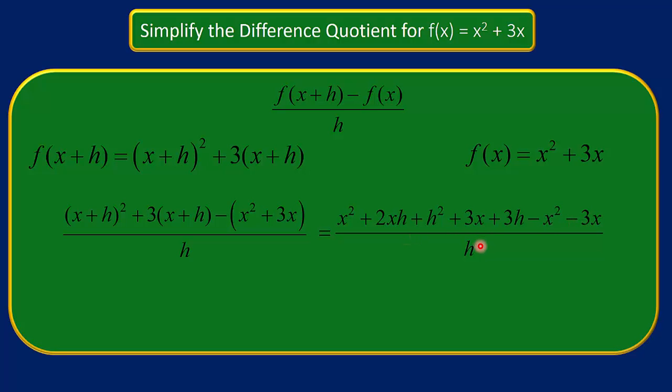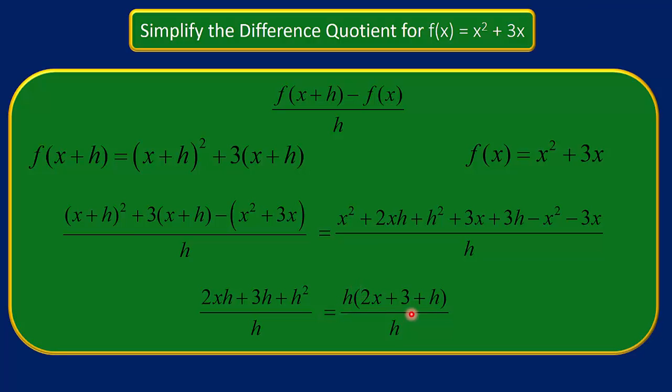Now, when we get to this step, notice some things cancel. This x squared will get rid of that x squared. This 3x will get rid of that 3x because they have opposite signs, and we're left with this. Okay? Now I can factor out the h. Notice I've got an h here. See, factored out an h.